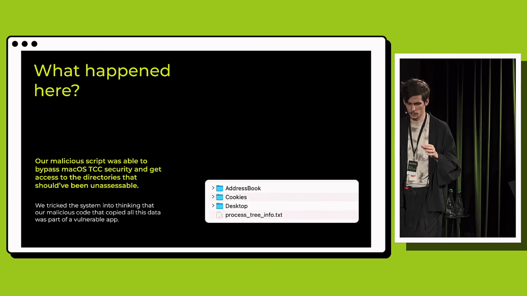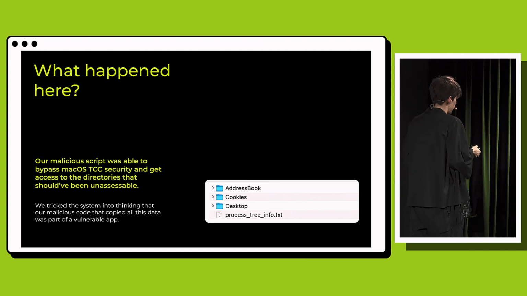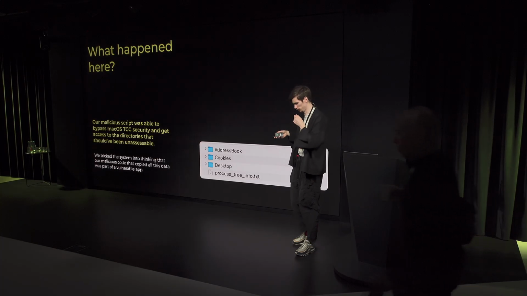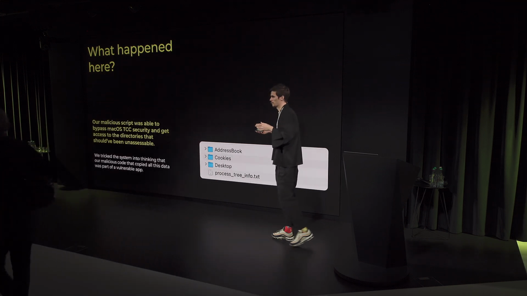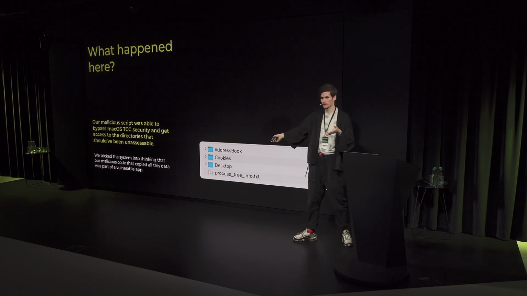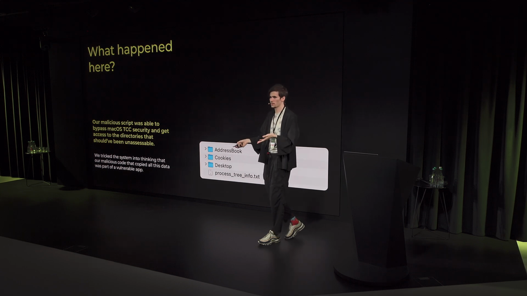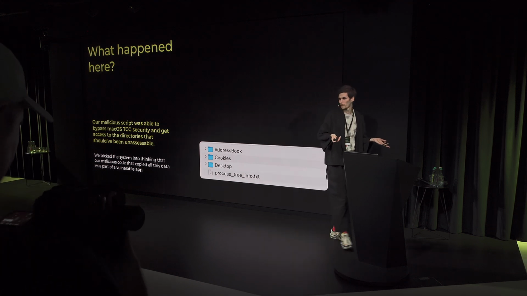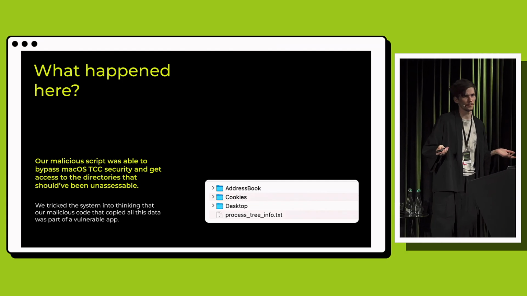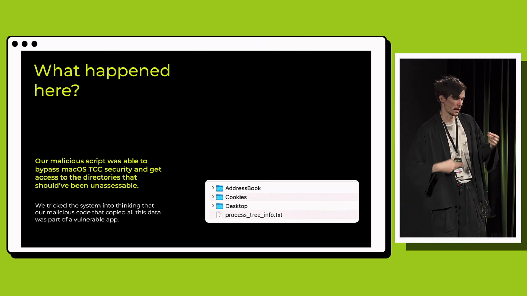It was able to bypass the macOS TCC security, and macOS thinks that our application has permission to the address book, cookies, and desktop files, and it allows our script to get these files. So we tricked macOS into thinking that our malicious script is actually an application that has this permission.